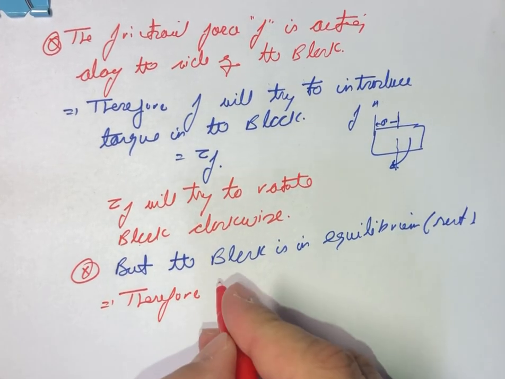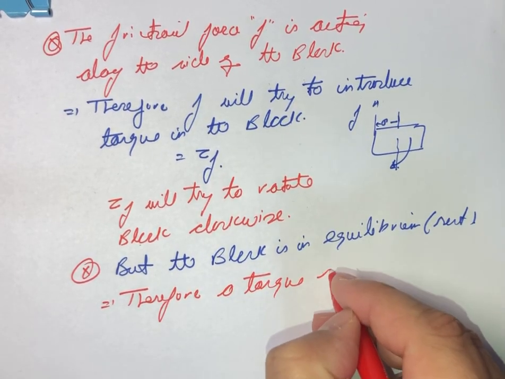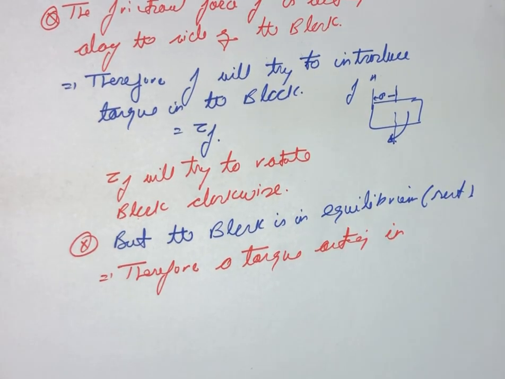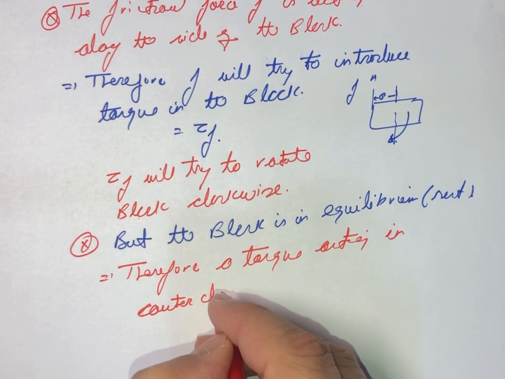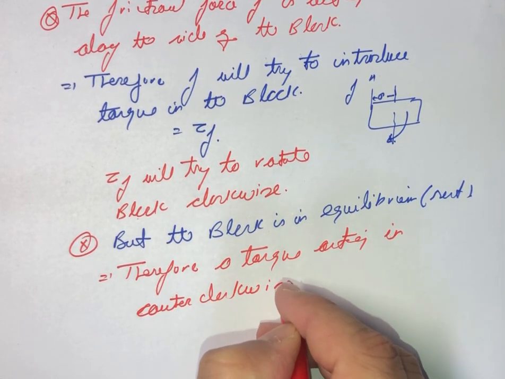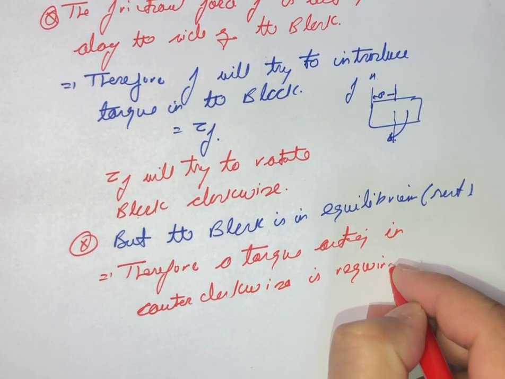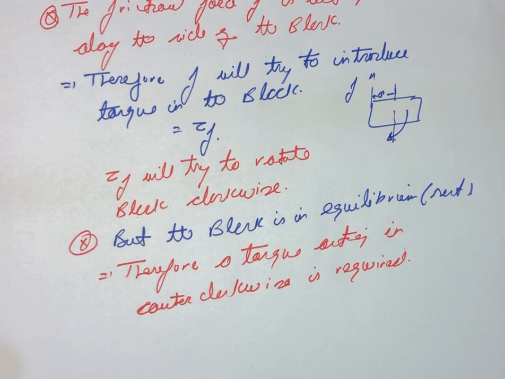Therefore, a torque acting in counterclockwise is required, and this torque will be produced by the normal N.